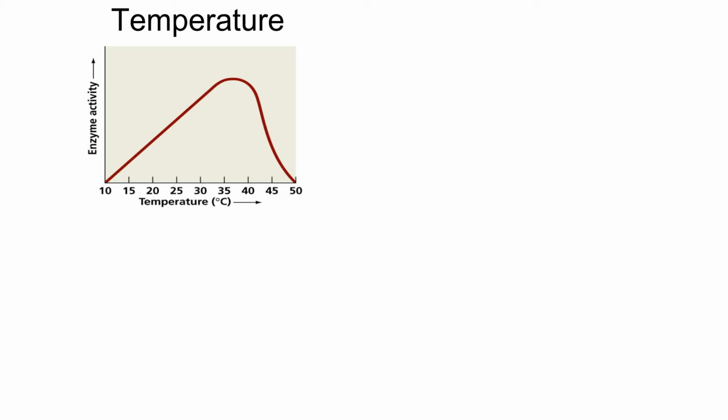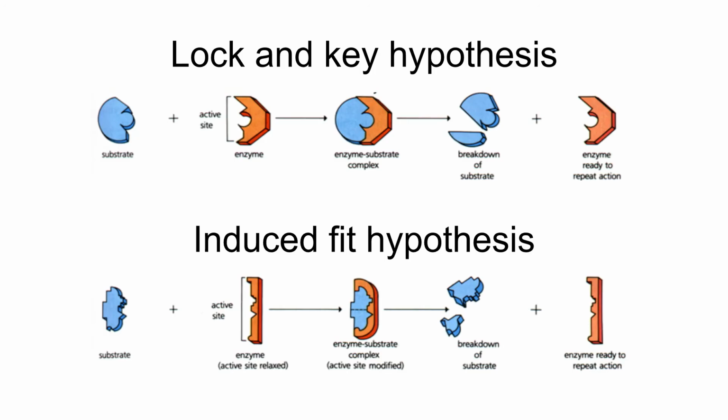What we say is that when a substrate collides with an enzyme, it needs to collide in the correct orientation. That is to say that when this substrate here collides with the enzyme here, this substrate needs to be facing this direction and it needs to be this way up.